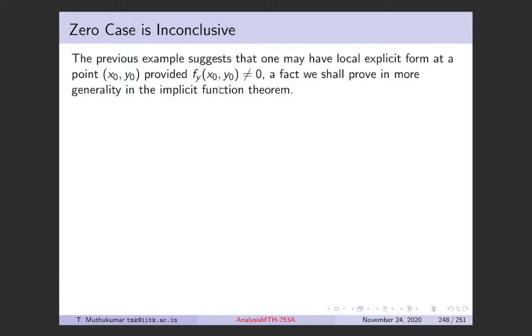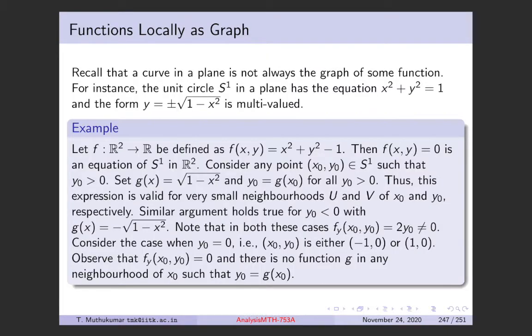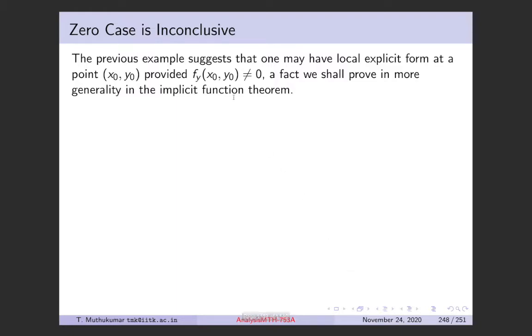So what we have shown now is that when this is not zero, you can locally see it as a graph of a function, and when it is zero, in this case at least, we have shown there is no g. In the previous example, one may have a local explicit form at a point where f_z is not zero, a fact we shall prove in more generality in the implicit function theorem.